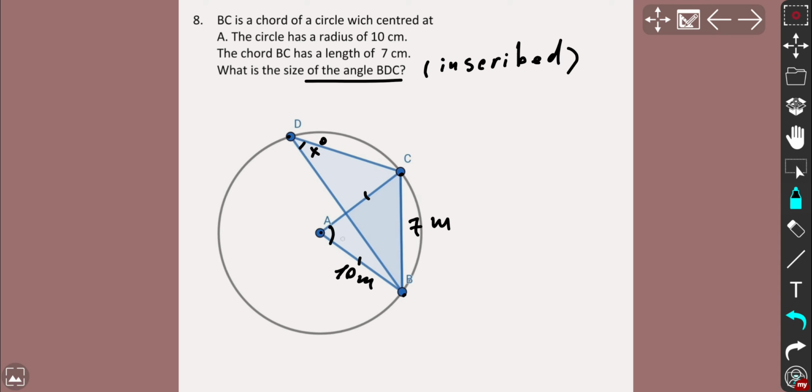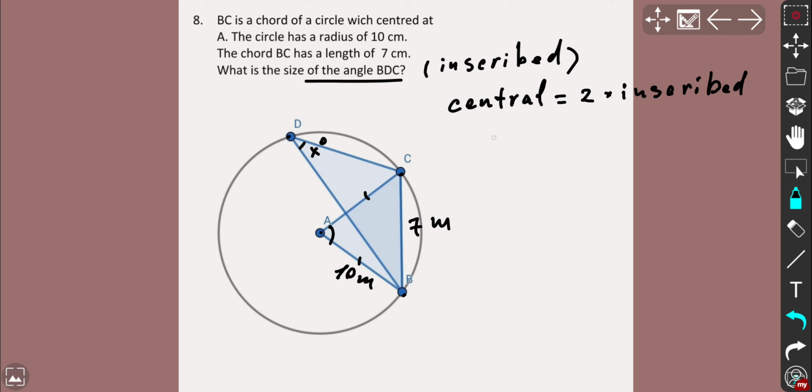So how are they connected? The central angle is always twice the measure of the inscribed angle. That's the main property that we're going to use here. In this case, we can set it up as 2x.